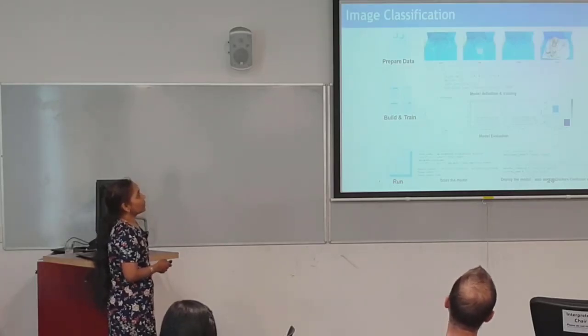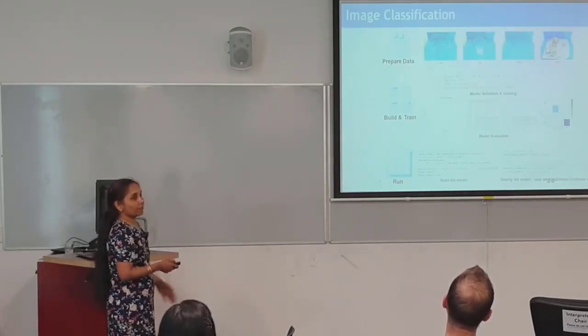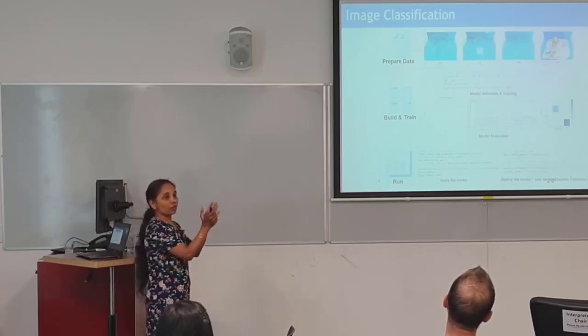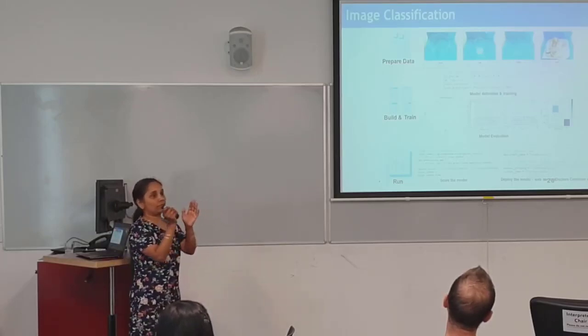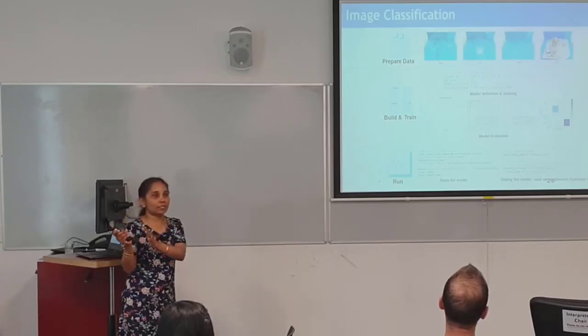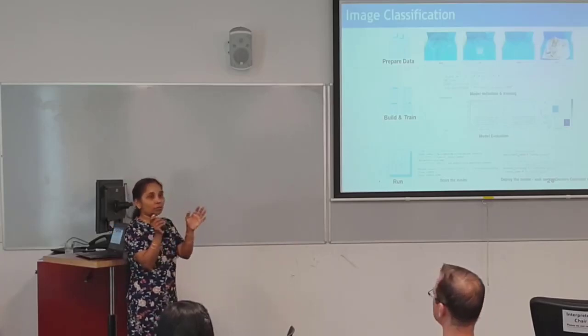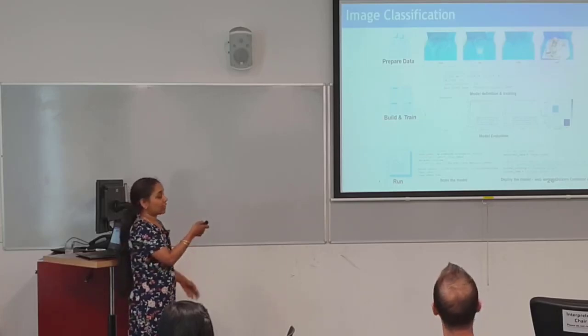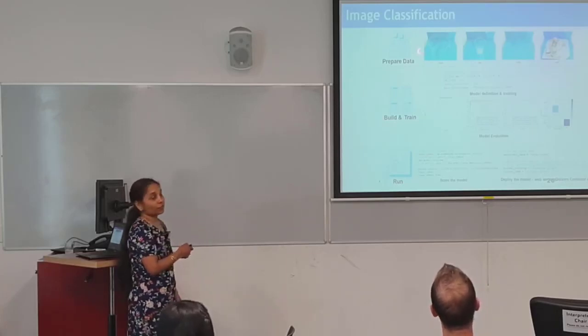So you can prepare your data. For example, you have a bunch of photographs, a bunch for apples, bananas, oranges. You group them in three folders, and that comes under the preparation of your data.